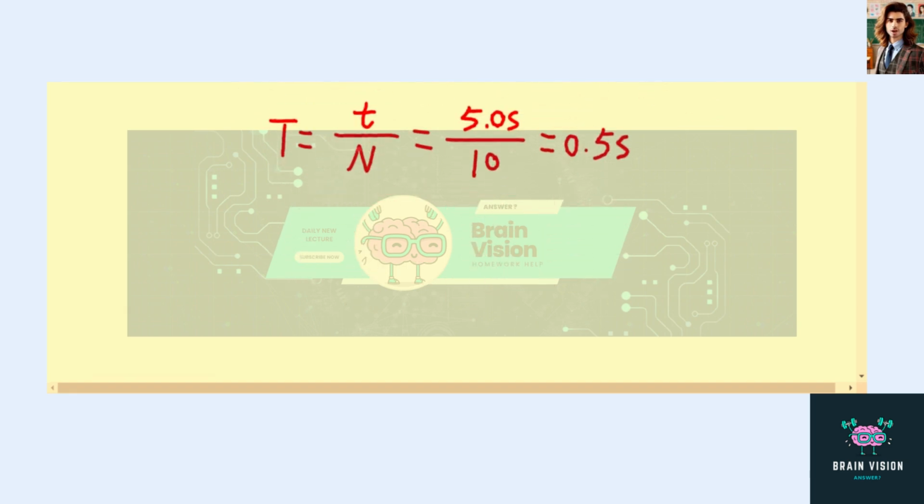And then we can determine the spring constant, because the time period for vibrational motion is equal to 2 pi times the square root of m over k.